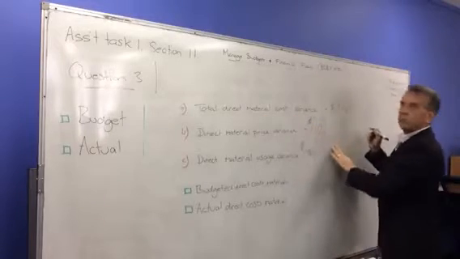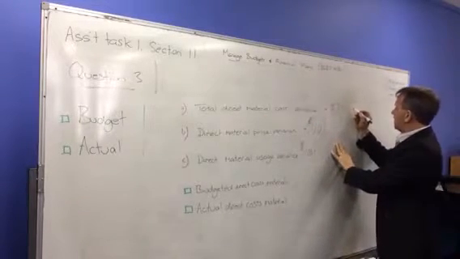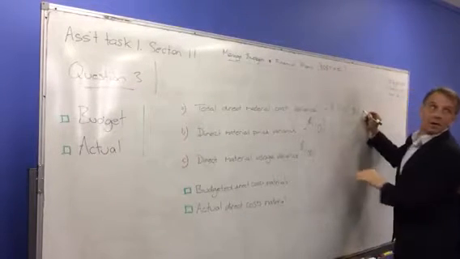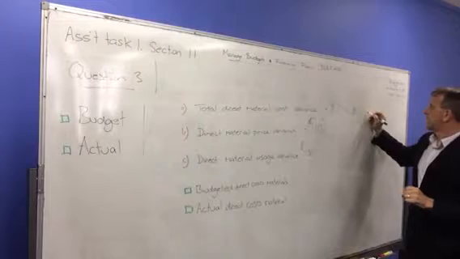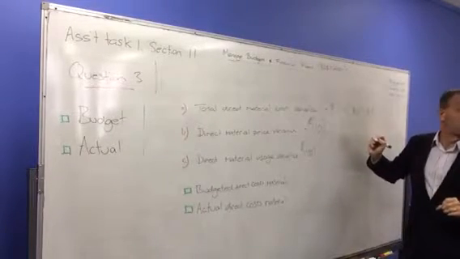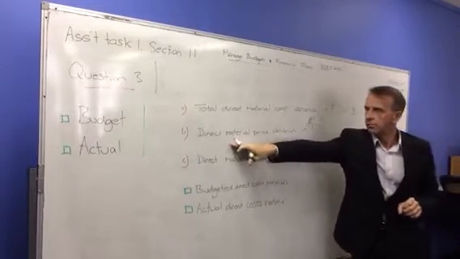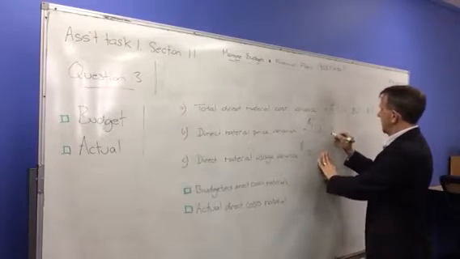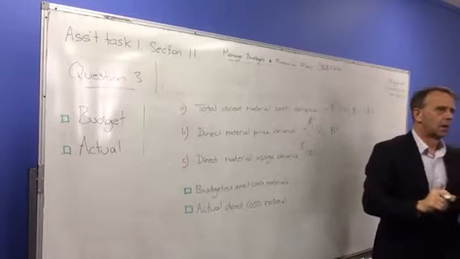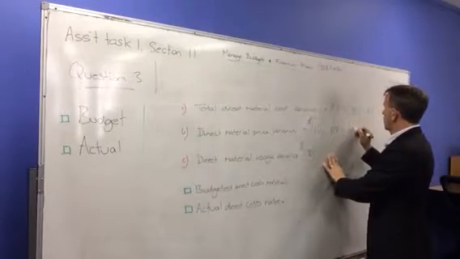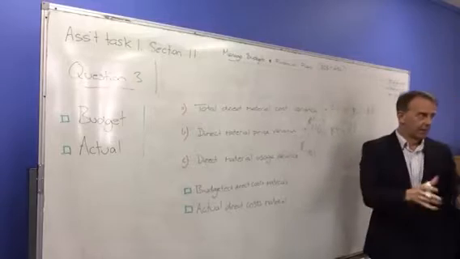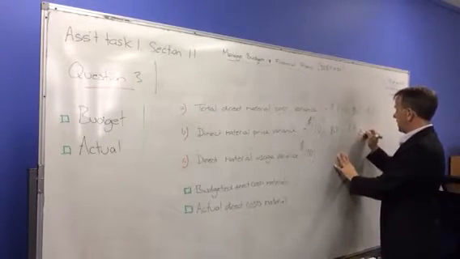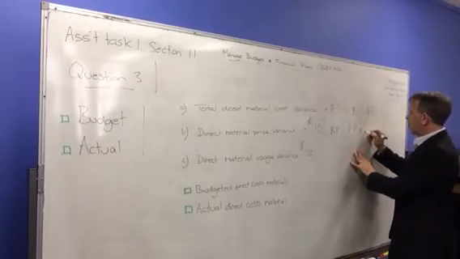Let me get some of the formulas up so it can be explained that way. With part A, we've got the formula of budgeted costs minus actual costs. And for the total material price variations, we've got budgeted price minus actual price, which is the $5.50, multiplied by the actual quantity.